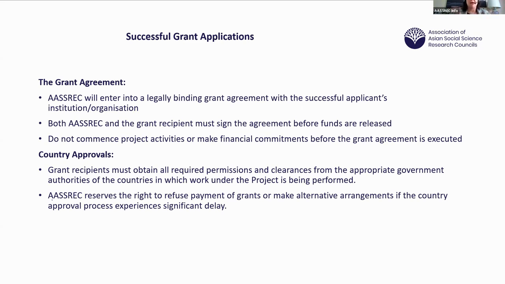some grant recipients, depending on where you're working, are going to have to obtain permissions and clearances from the appropriate government authorities of the countries in which the work under the project is being performed. So that can take some time, and we allow up to 60 days from the time of the offer of the grant in order to obtain those clearances.